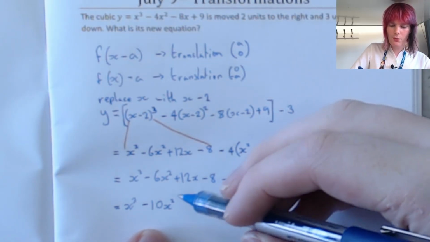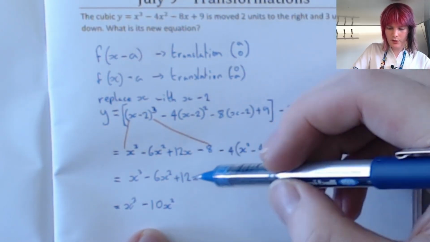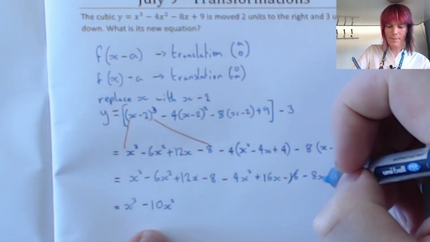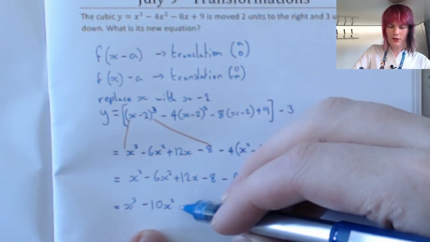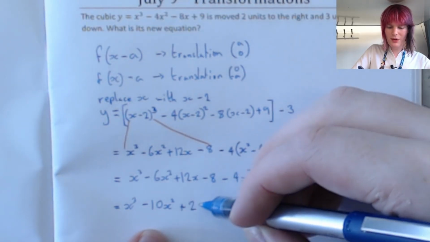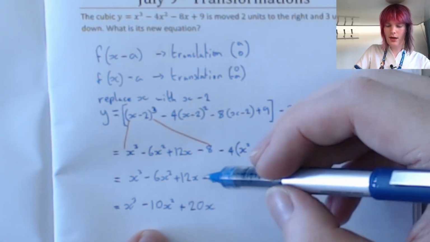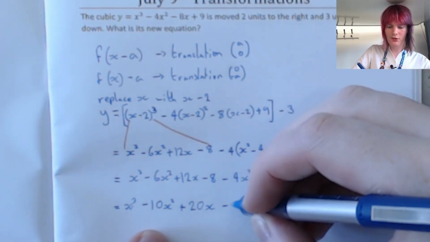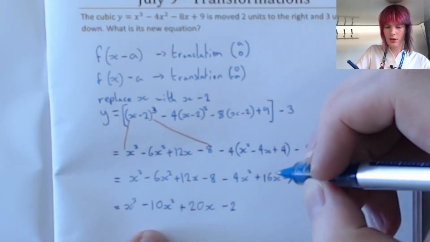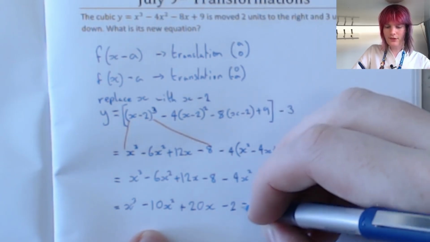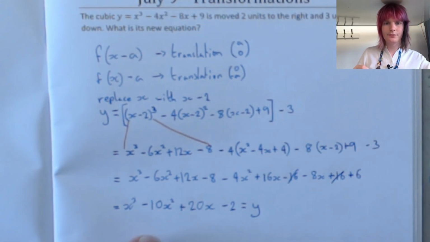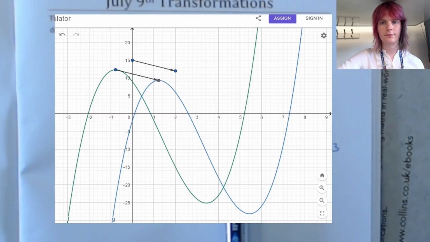We're going to get plus 12x, and that's 16x, minus 8x is going to become plus 20x, and then we have minus 8 plus 6 is minus 2. And that whole thing is going to be equal to our y. This is our new curve.